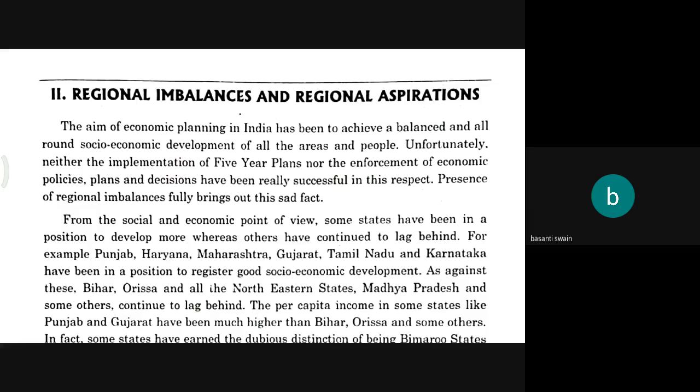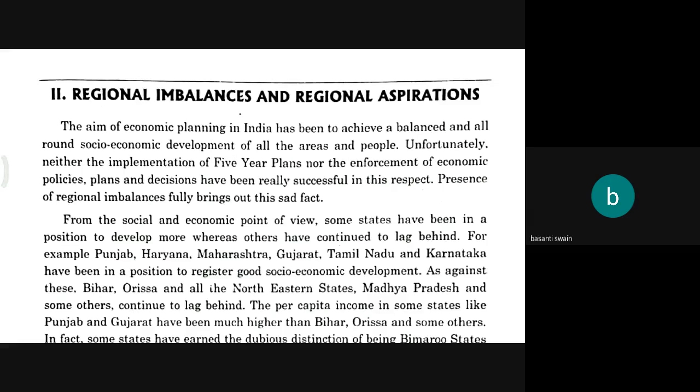Unfortunately, neither the implementation of the five-year plans nor the enforcement of economic policies and decisions have been really successful in this respect. The presence of regional imbalances fully brings out these sad facts.